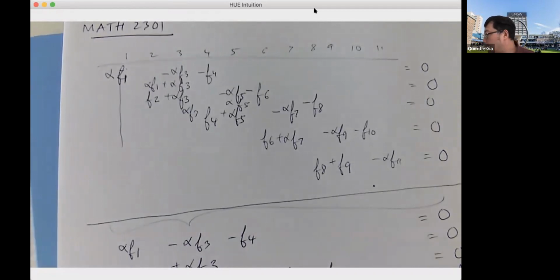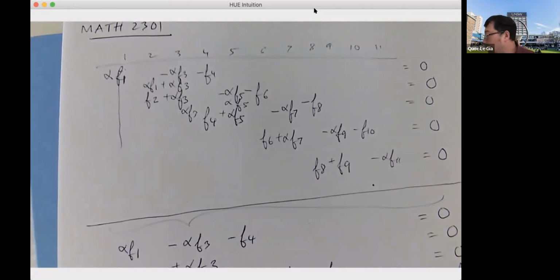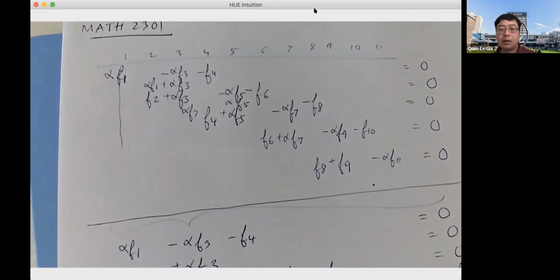Alpha F5 plus alpha F7 equals 0. F6 plus alpha F7 minus alpha F9 minus F10 equals 0. Alpha F7 plus alpha F9 equals L. Be careful here, this one is not 0 anymore.